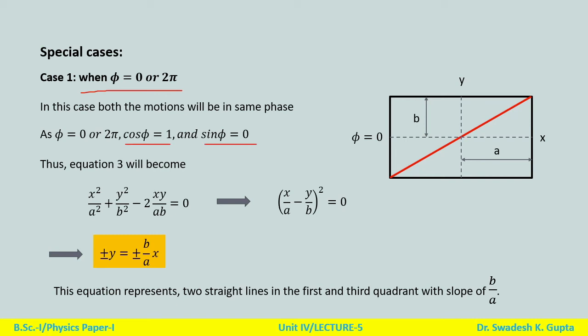When we put these values in the equation which we got in the last slide, we will get this equation, which is the equation of a line, and this line goes through the first and the third quadrant, and the slope will be b upon a.